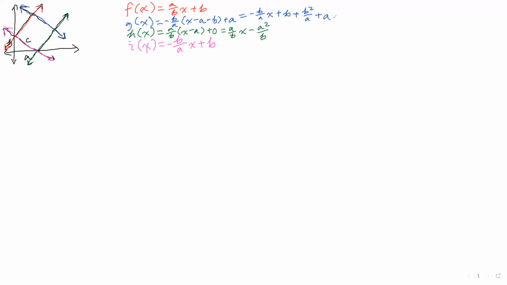Alright, now that we have four functions, we can write some definite integrals to represent the area of the square, which is, again, c squared.